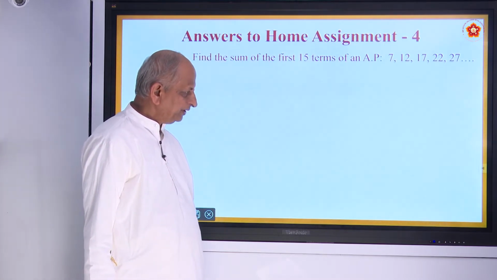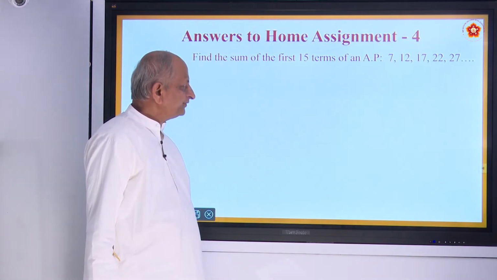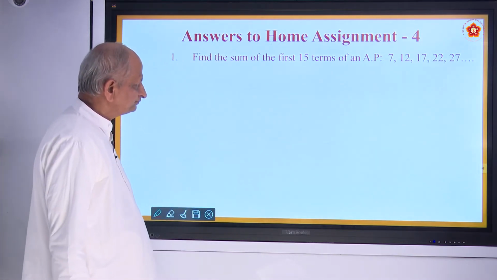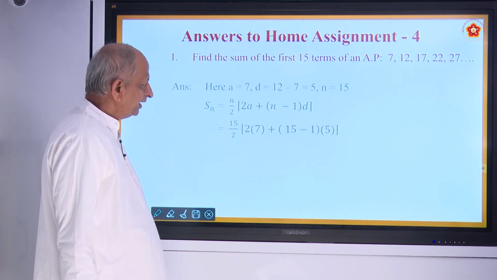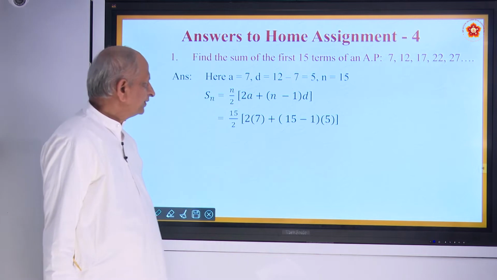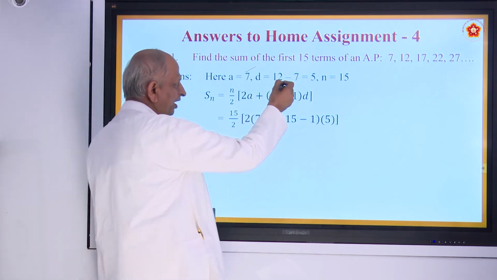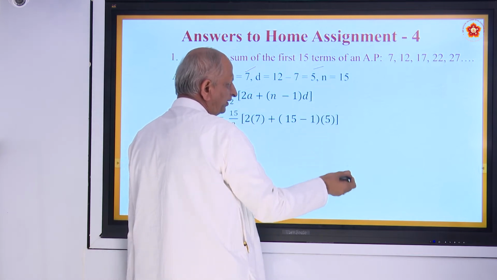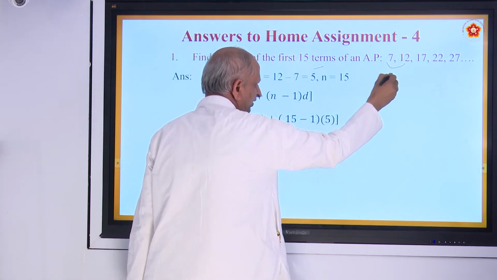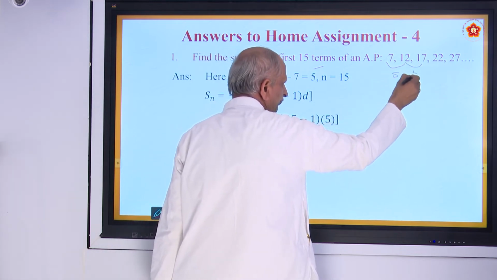Now, coming to the home assignment, first question. Sum of the first 15 terms of an AP. Here a series is given. In that, the first term is 7 and the common difference is 5. How did you get 5? 12 minus 7 is 5, and 17 minus 12 is also equal to 5.